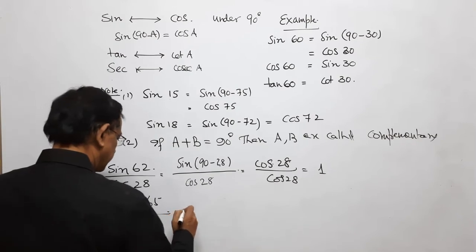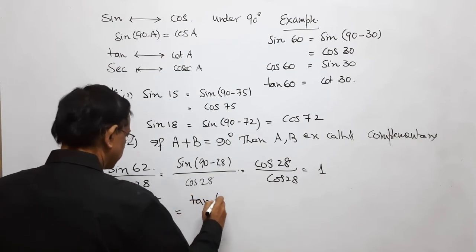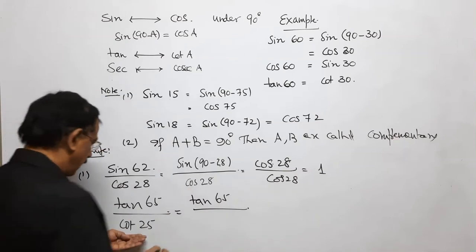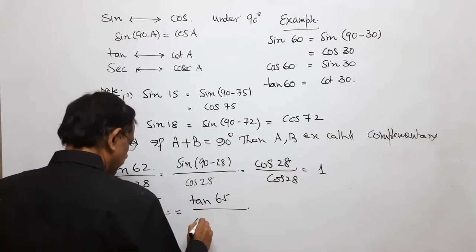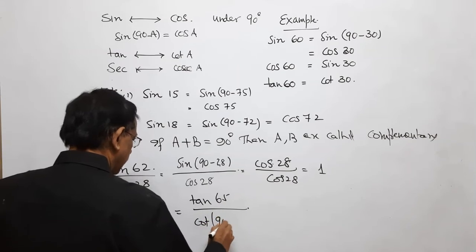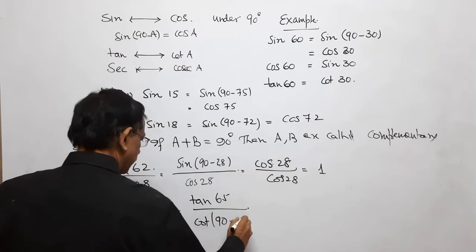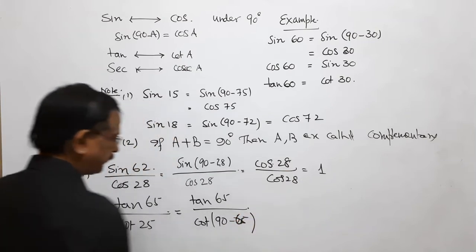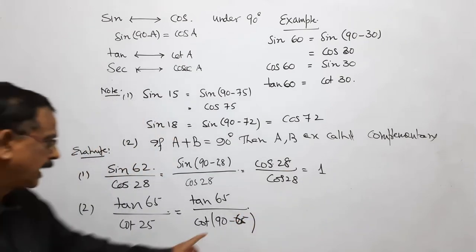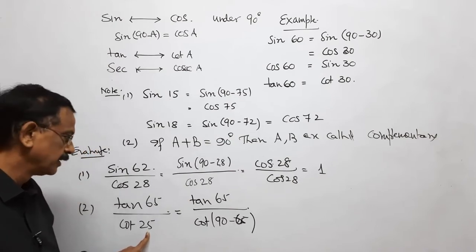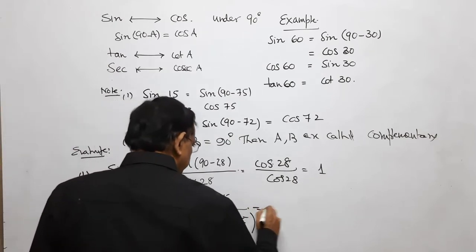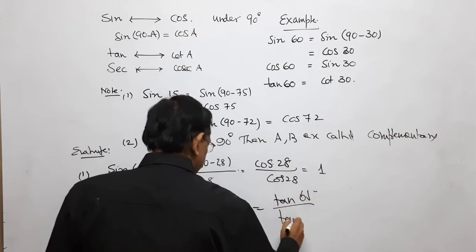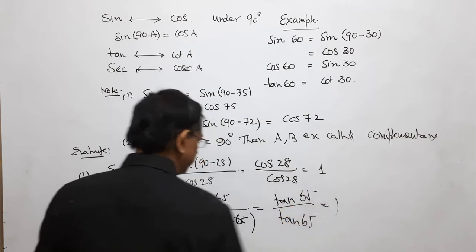Now, I would like to write cot 25 as cot of 90 minus 65. 90 minus 65 is 25. So cot of 90 minus 65 will become tan 65. So tan 65 by tan 65 is 1.